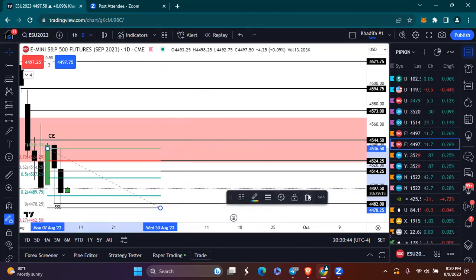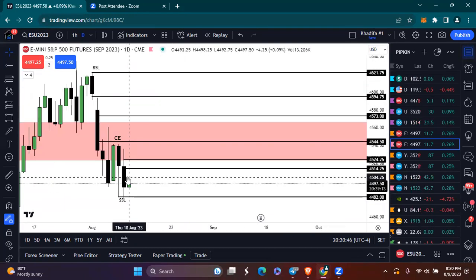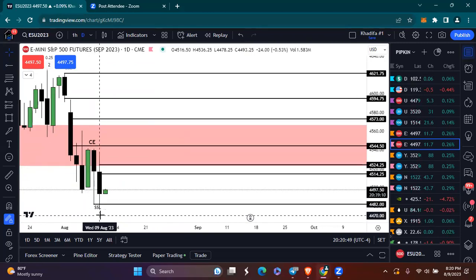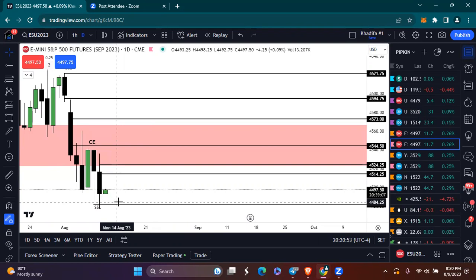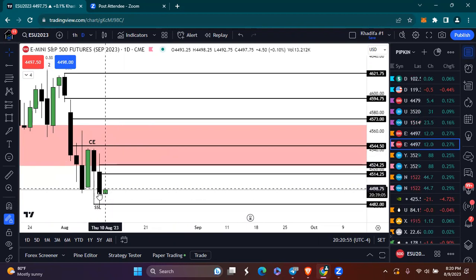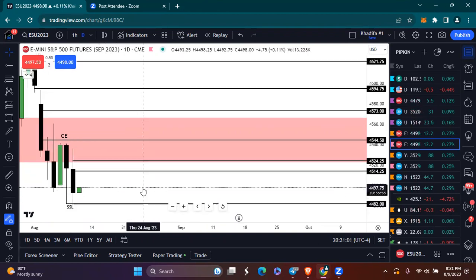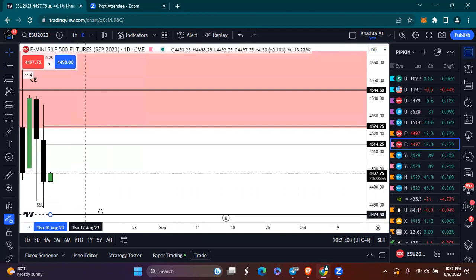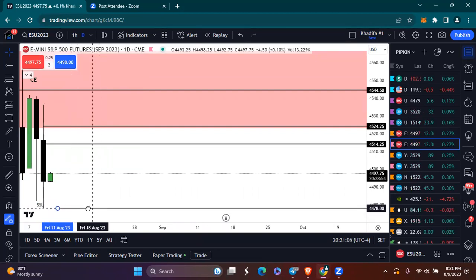I just marked today's daily range. And being that we did run that sell side liquidity today, I expect us to at least pull back up into today's PD array, premium array from today's price range. And we'll see how price reacts.